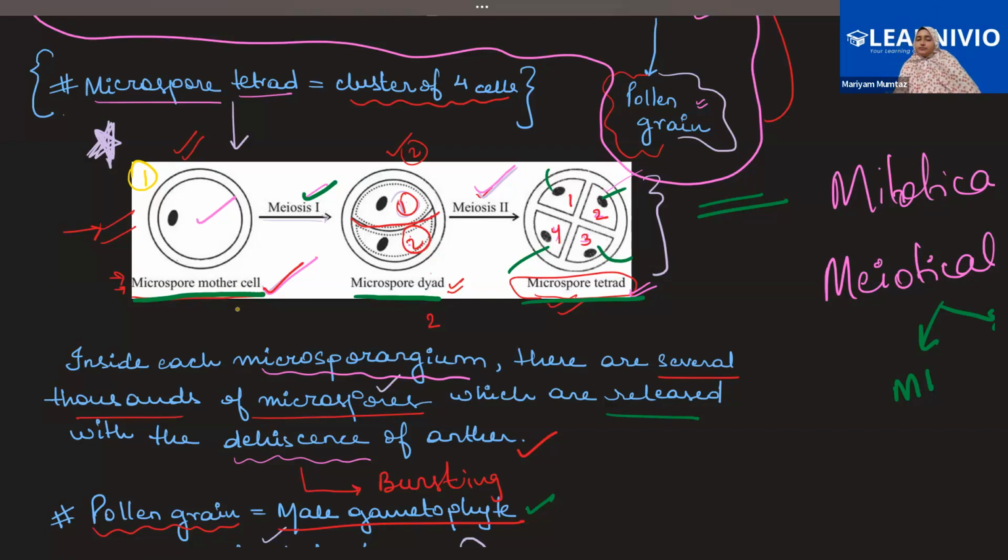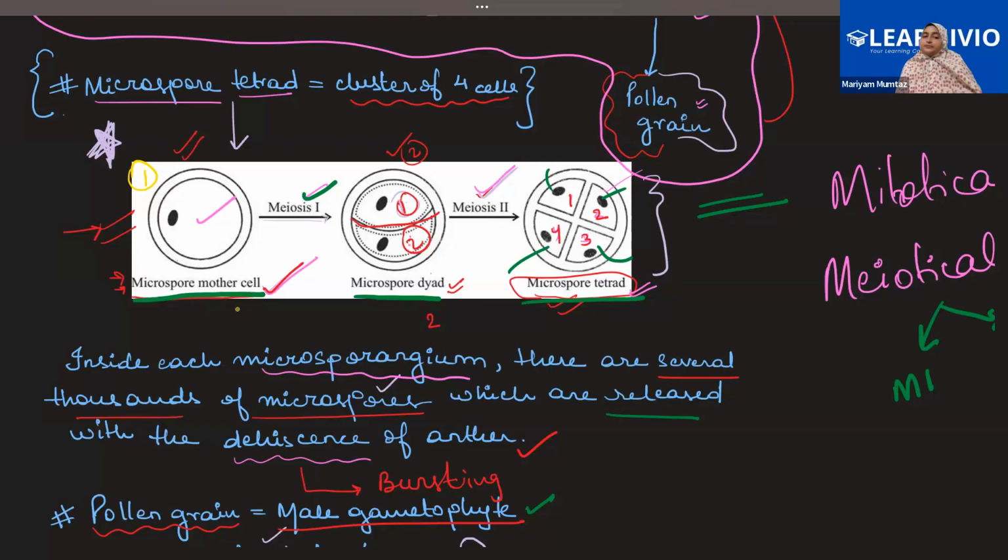Now tell me, since the microspore mother cell is undergoing meiosis, will the microspore mother cell be haploid or diploid?